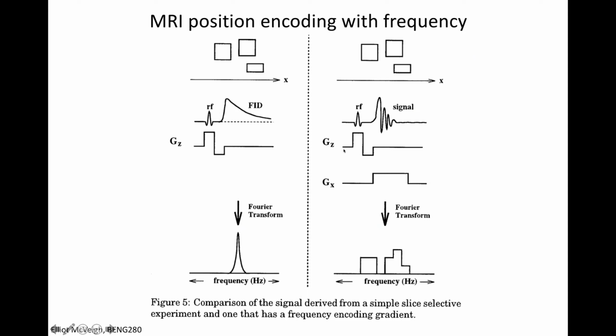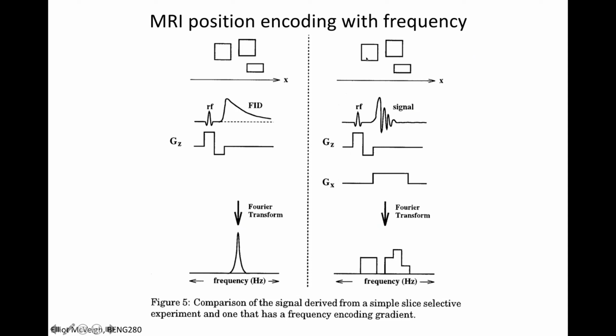On the other hand, if I change my pulse sequence such that during my acquisition of the signal, I turn on this X gradient with those Golay coils, then along this direction, right, the magnetization vectors will precess at progressively higher frequencies the farther I go in this direction. So I have now columns of my sample that are precessing at a specific X-determined frequency, right, because of the X gradient.